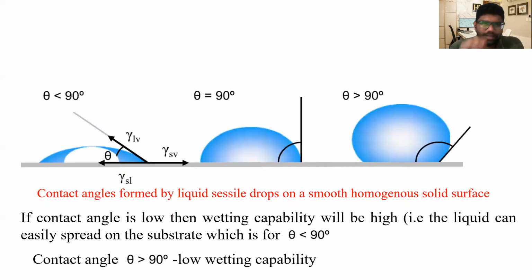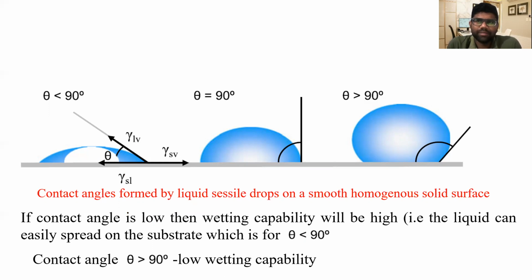Now here in this figure, you can see three drops in three different shapes. So here we can understand the contact angle for these three drops. When theta is less than 90, you can see the shape of the drop, and for theta equal to 90, it's exactly a half sphere.